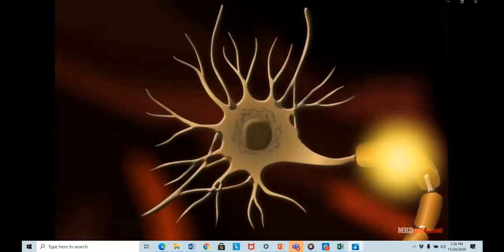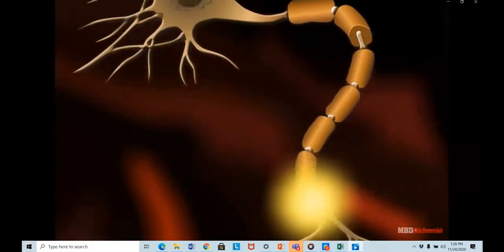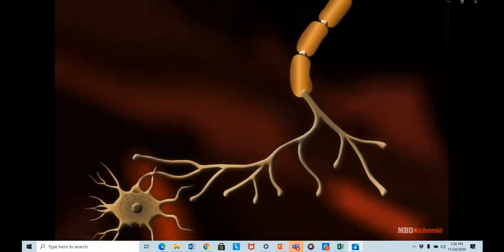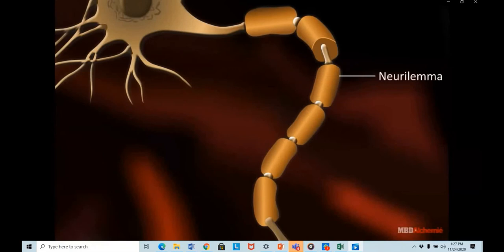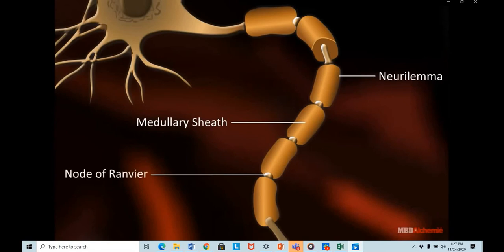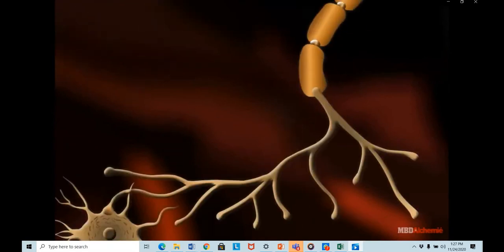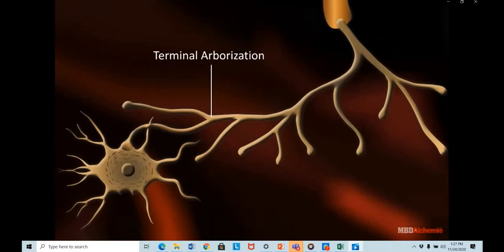Its primary function is to conduct the nerve impulses away from the cyton. The plasma membrane of neuron is called neurolemma. The axon is covered by medullary sheath and possesses node of Ranvier. It may form a number of terminal arborizations.